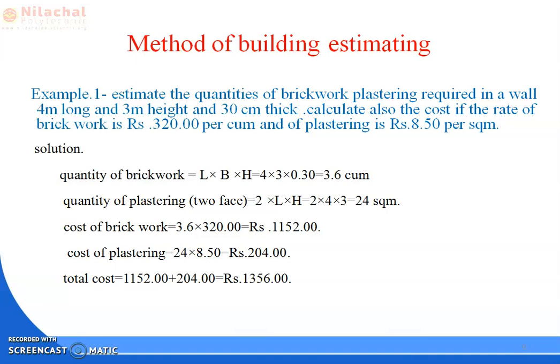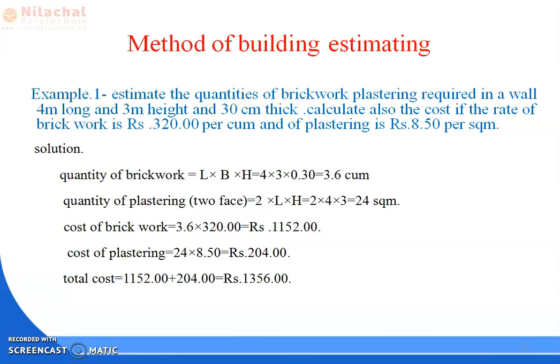The total quantity of brickwork is 3.6 cubic meter. For 1 cubic meter it is 320 rupees, so 3.6 cubic meter is 3.6 into 320, which gives 1152 rupees.